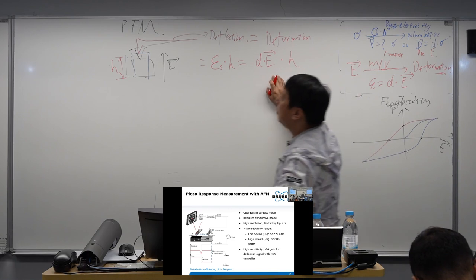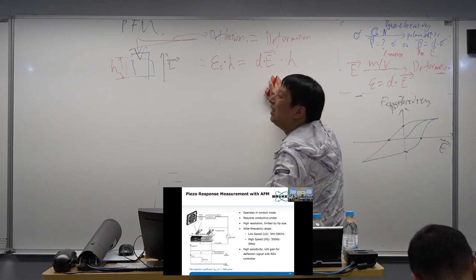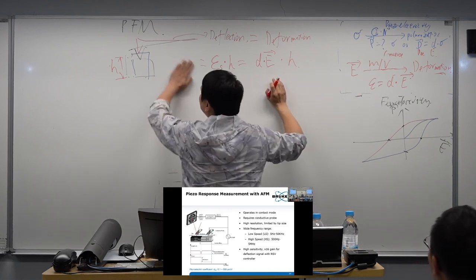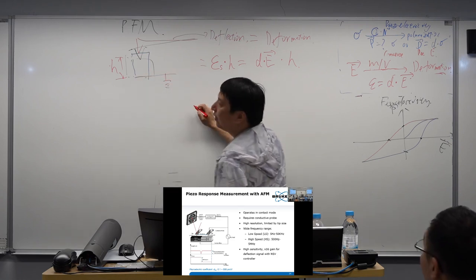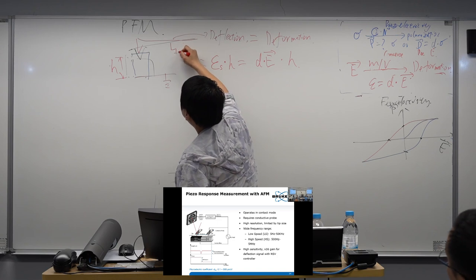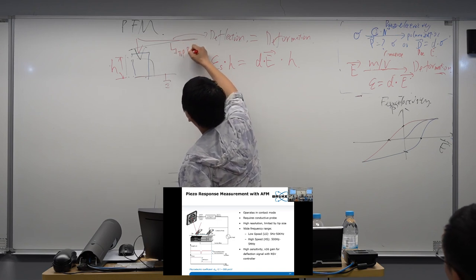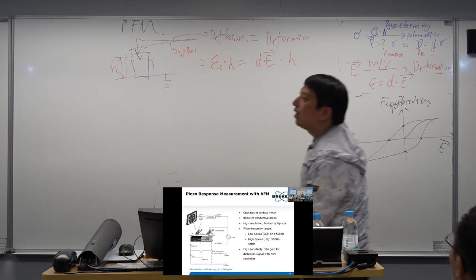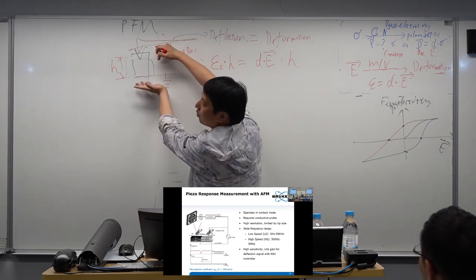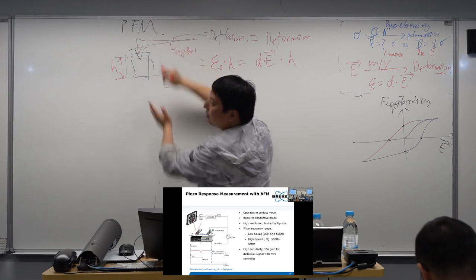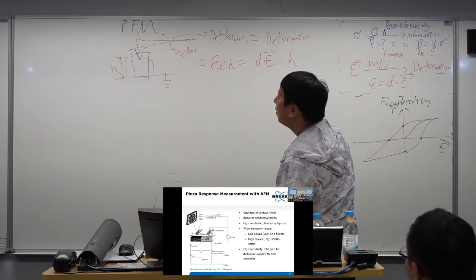Okay, how do I apply this electric field? Easily, I ground my sample and apply a tip bias. I can apply a voltage, or an electric field, on this sample in the Z direction, right?